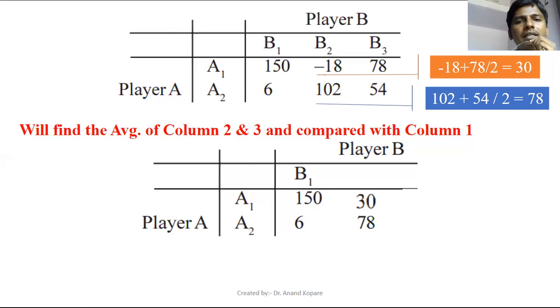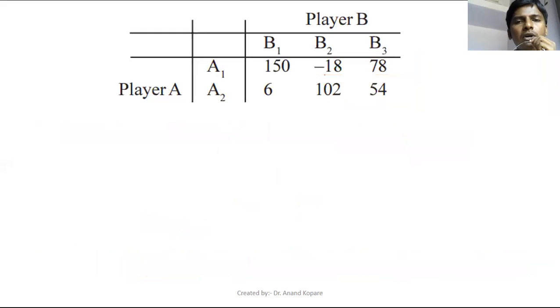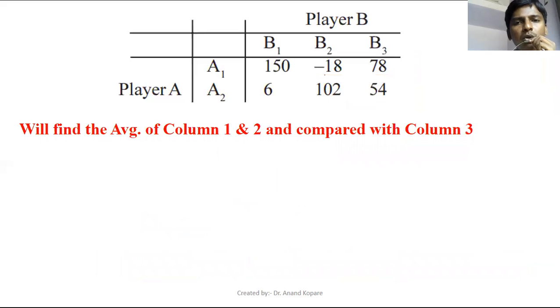So again we have to go with the second possibility, where we need to calculate the average of column number 1 and 2, and that average we need to compare with column number 3. Now we will calculate the average of column number 1 and column number 2, and those averages we will compare with column number 3.